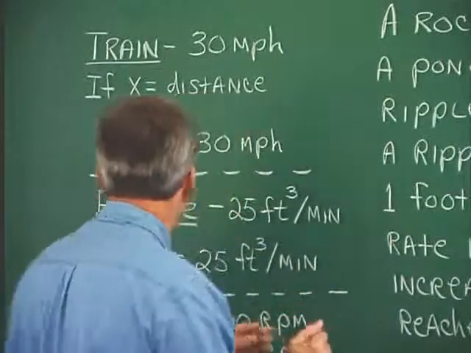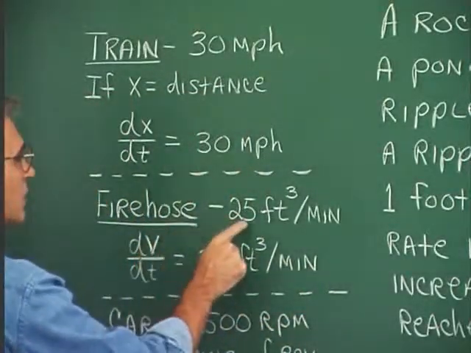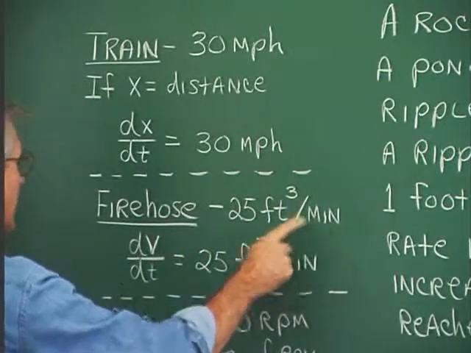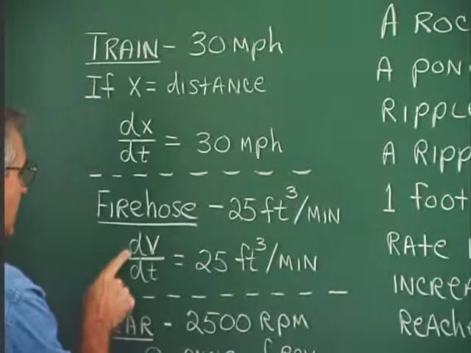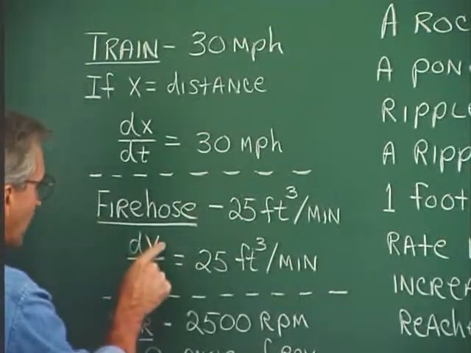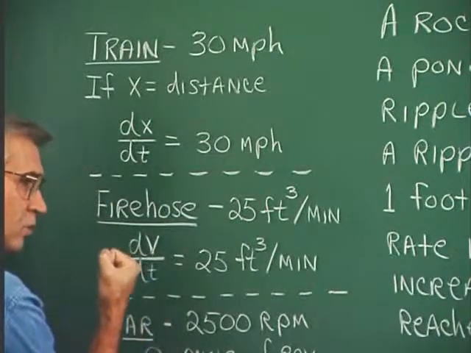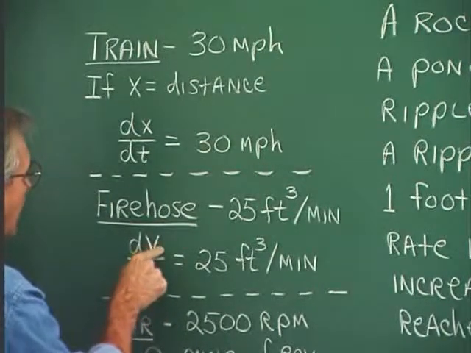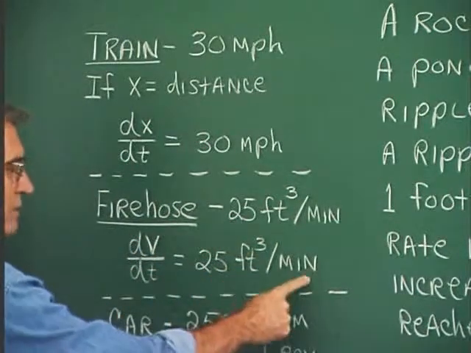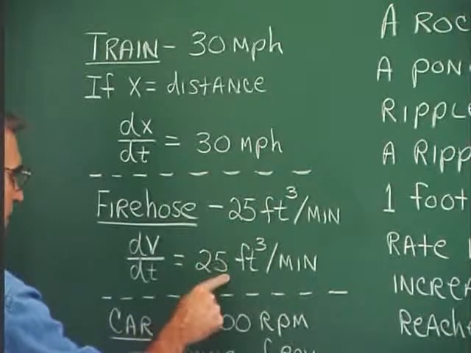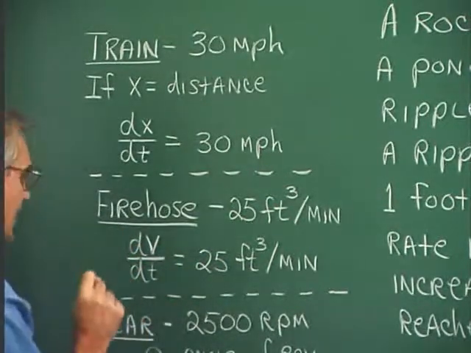But at any rate, if the fire hose is putting out 25 cubic feet per minute, then dV over dt, the derivative of volume according to time, we're freezing. We're talking about the rate of the volume at a moment in time, which is 25 cubic feet per minute. You see this direct correspondence here, and here is our interpretation in calculus for that idea.